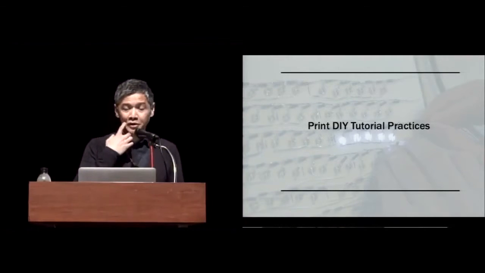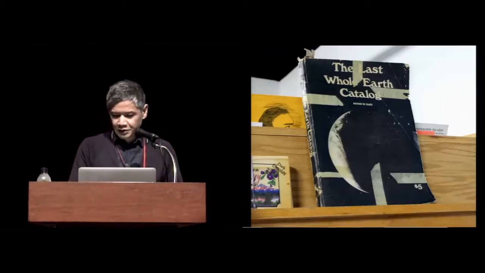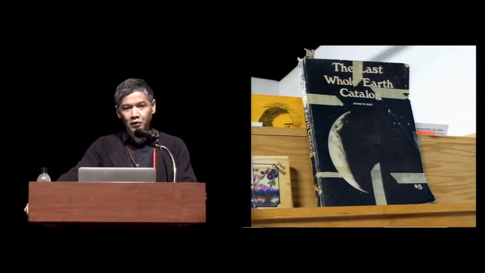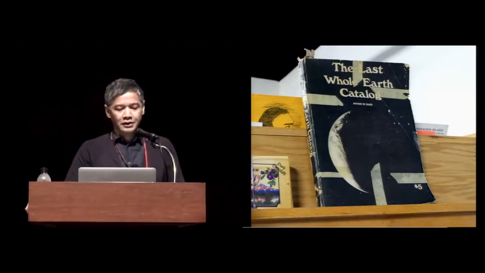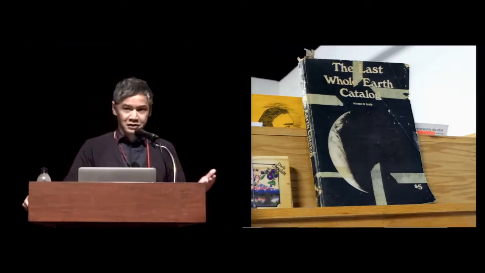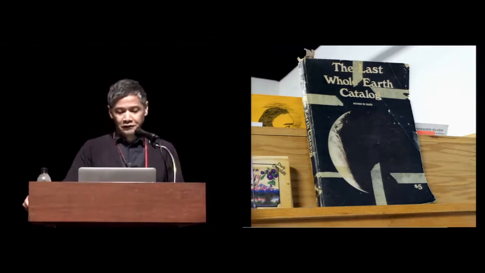So let me begin with print DIY tutorials and tutorial practices. Some of you may know this, and for those of you who don't, this is the Whole Earth Catalog. This emerged in the late 60s out of the countercultural movement in the Bay Area. It was founded by Stewart Brand, and he saw it as a way to mobilize approaches related to self-sustainability, at the time referred to as ecology, and do-it-yourself.